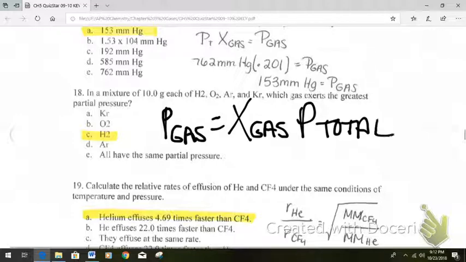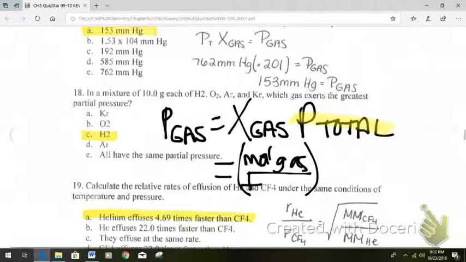And since all these gases are in a mixture, they'll all have the same total pressure because they're all at the same conditions. So what this really comes down to is the partial pressure of a gas is going to be equal to the mole fraction. And the mole fraction is moles of a gas on top over total moles on the bottom.